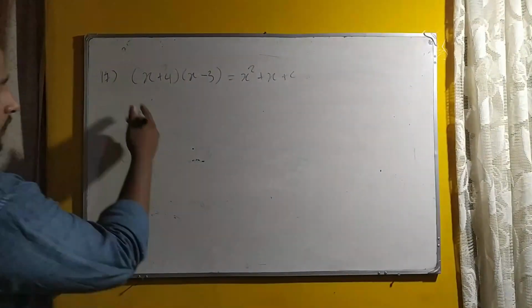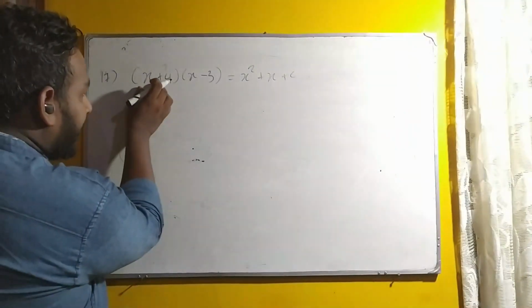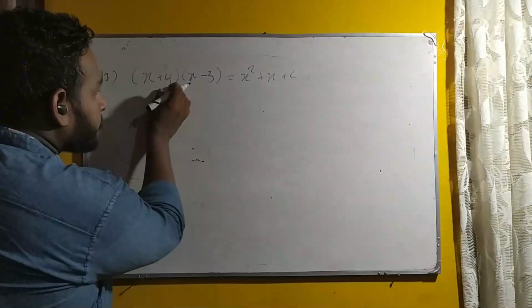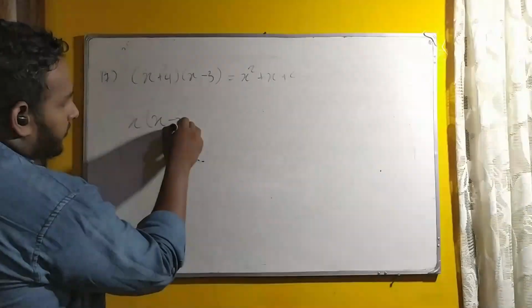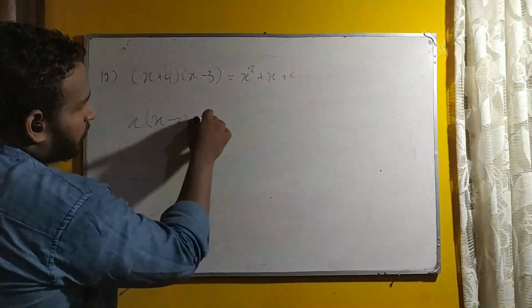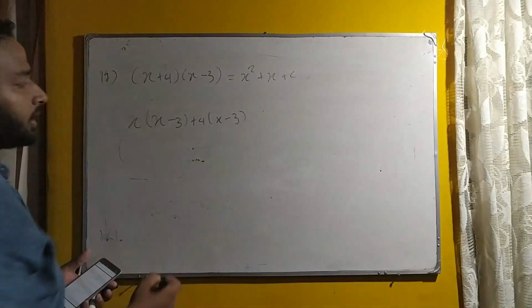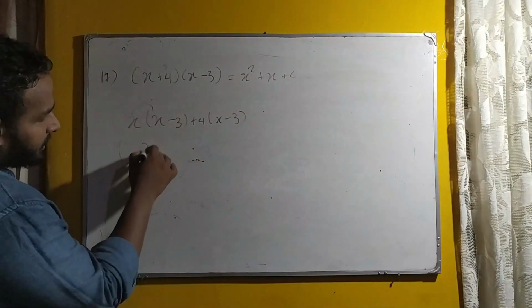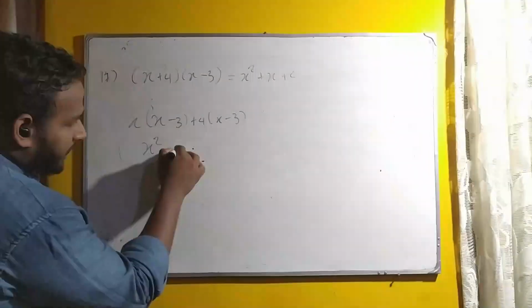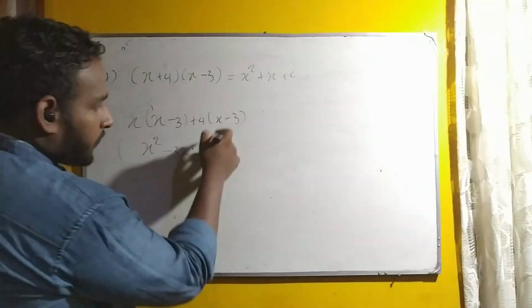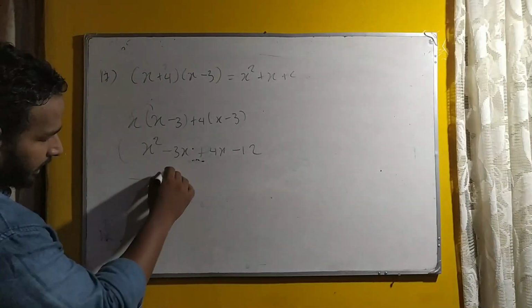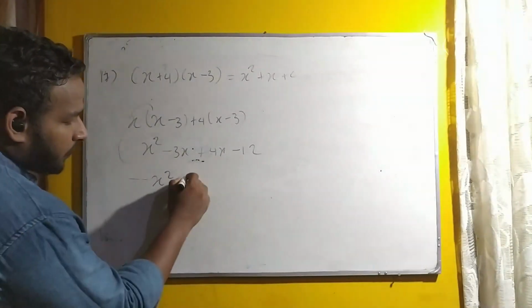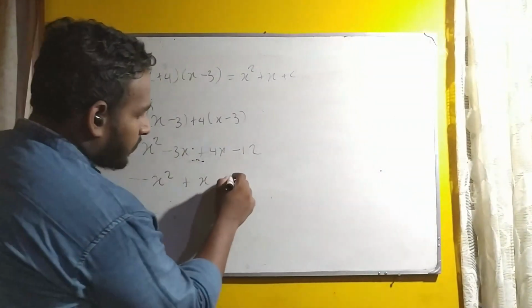You should multiply x with this, and plus 4 you should multiply by this. So x multiplied by (x minus 3) plus 4 multiplied by (x minus 3). Now x into x is x squared, x into minus 3 is minus 3x, 4 into x is 4x, 4 into minus 3 is minus 12. Now x squared plus minus 3 plus 4, that means plus x, minus 12.